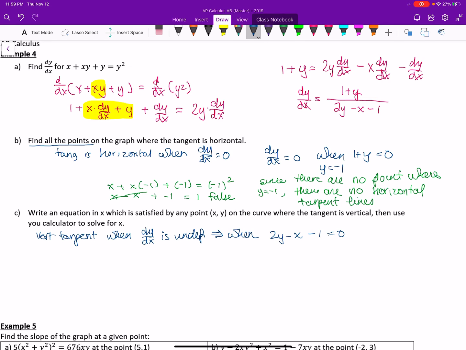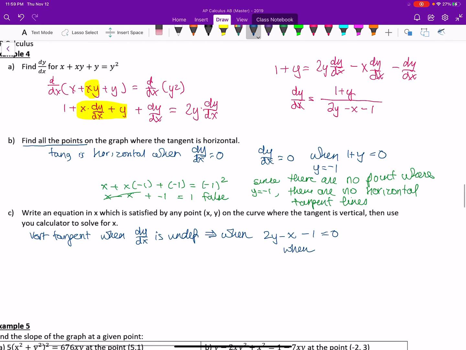So in other words, when, and that's actually a line here, you could say when 2y is equal to x plus 1, or when y is equal to (x plus 1) over 2.